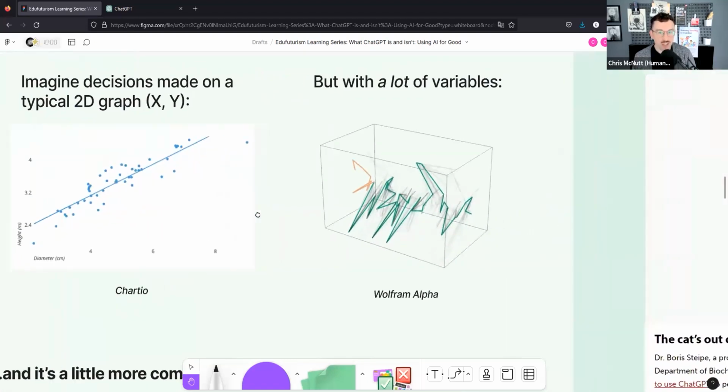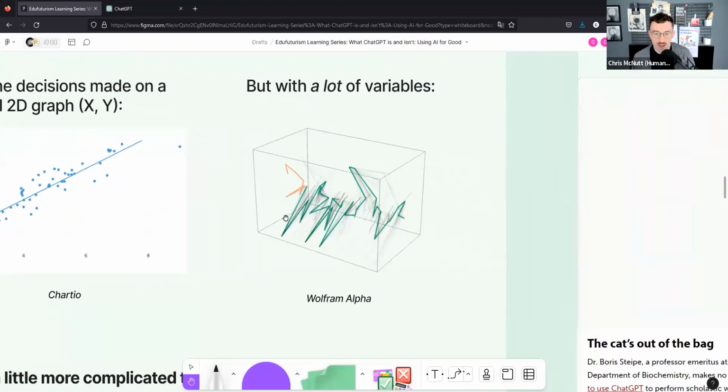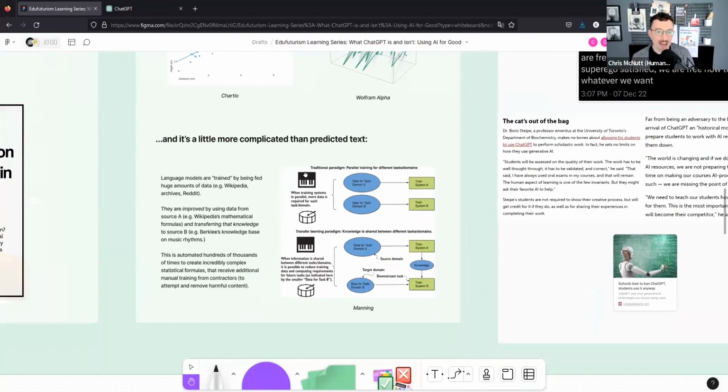But in ChatGPT, you're comparing potentially thousands of different prompts all at the exact same time in 3D space with a lot of variables. And it's predicting where that should go based off all those variables at the exact same time. Again, it's really hard to rationalize and figure out what that means, but it is worth noting that this is just statistics. It's not magic.